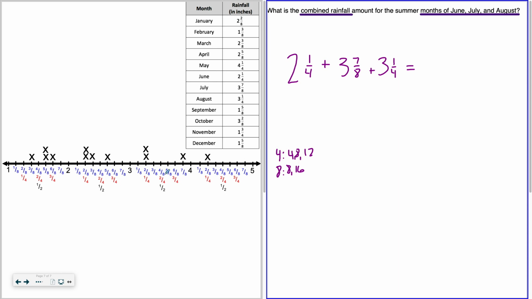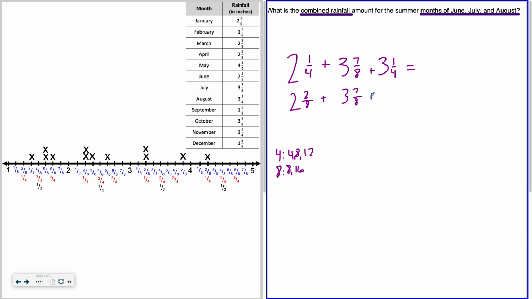But the reason I also put these fractions is so that you can see the equivalent fractions. So I see that 1/4 is equal to 2/8. They're exactly the same. They're on the same spot on the number line. So I'm going to use that here to help me solve. So I know that 2 1/4 is the same as 2 2/8. Well, not basically, it literally is. So now I can make all of these fractions into 8s.